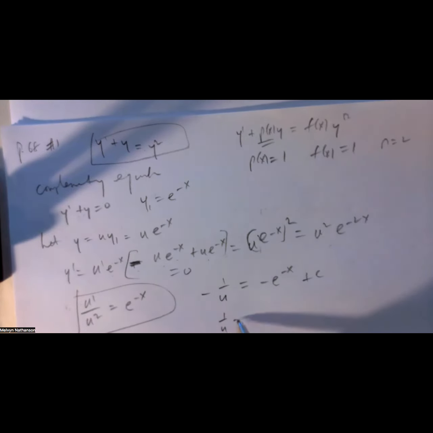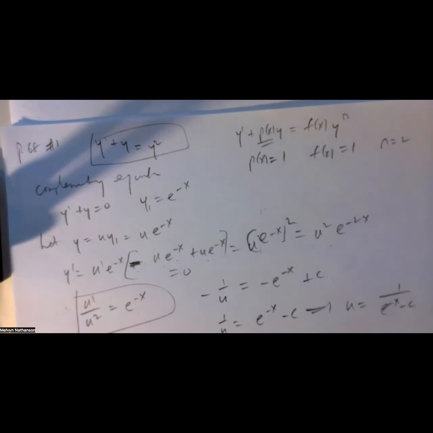So 1 over u is multiplied by minus 1. E to the minus x minus a constant, u is equal to 1 over e to the minus x minus a constant. And y is u e to the minus x.